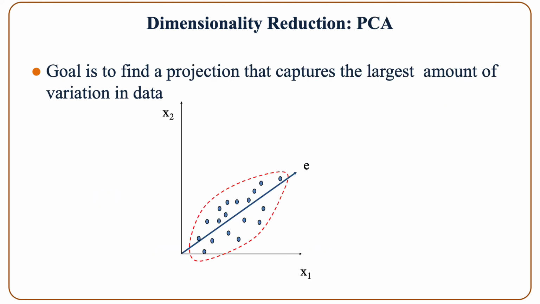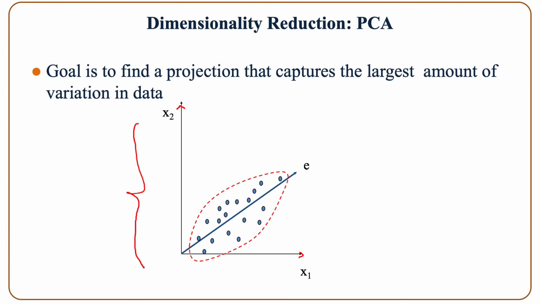PCA, or principal component analysis, is popularly used for dimensionality reduction. Its goal is to find a projection that captures the largest amount of variation in the data. As an illustration, we have 2-dimensional data points, and we have 2 axes, h2 and h1.